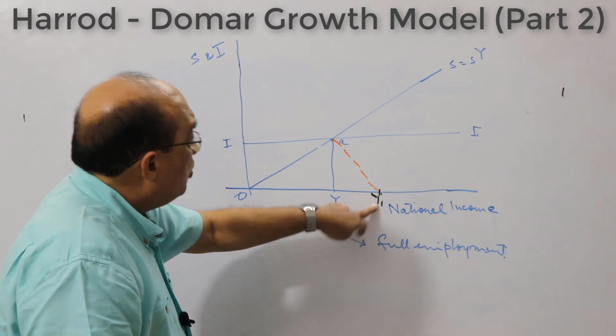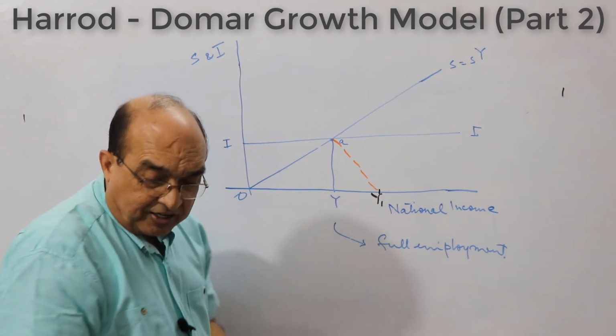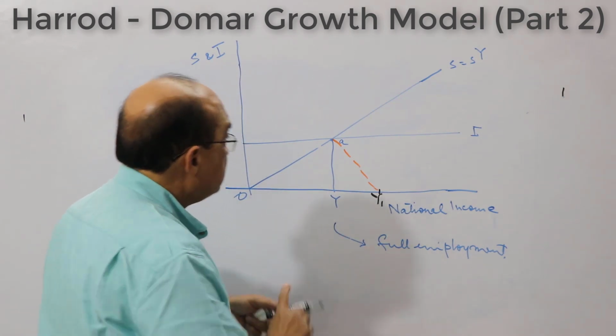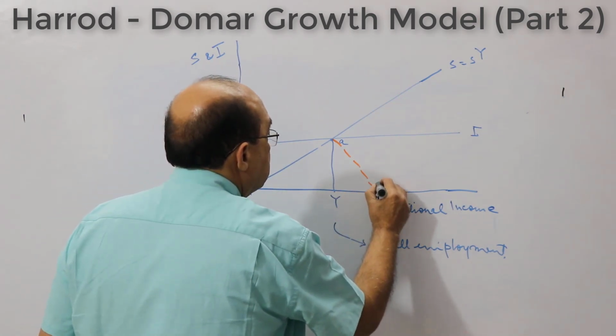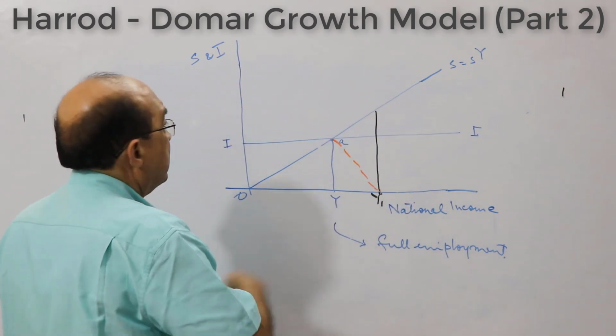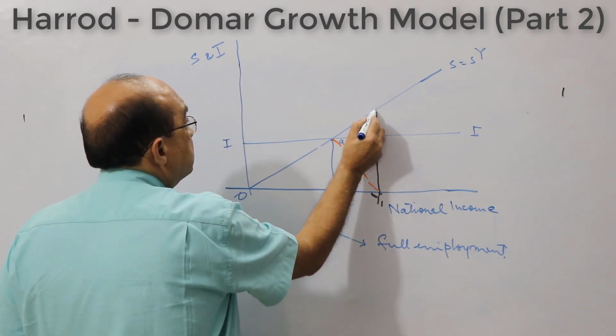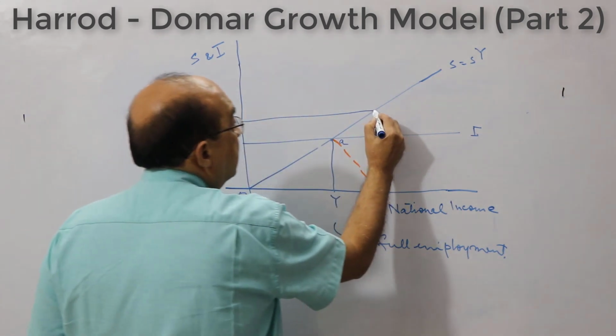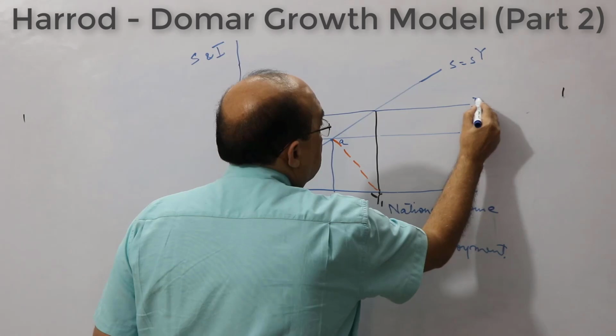So in order for the economy to produce at that level, the investment function will have to shift from I to I1.